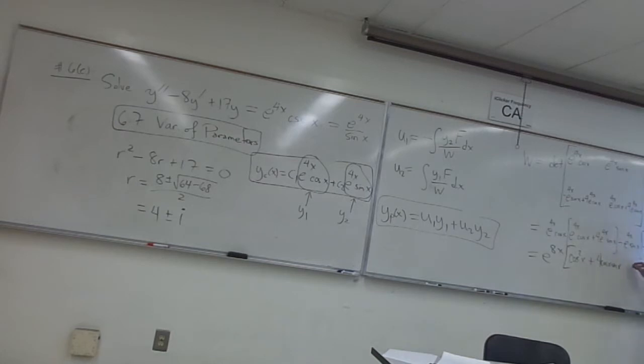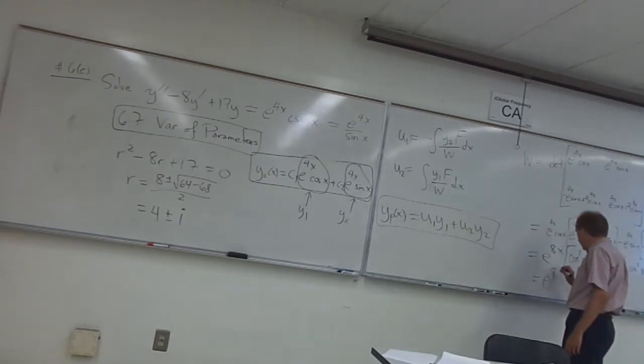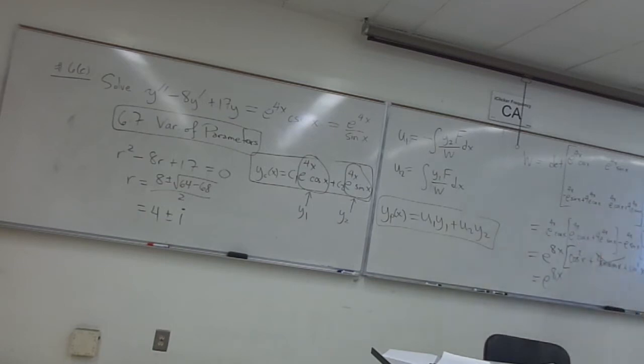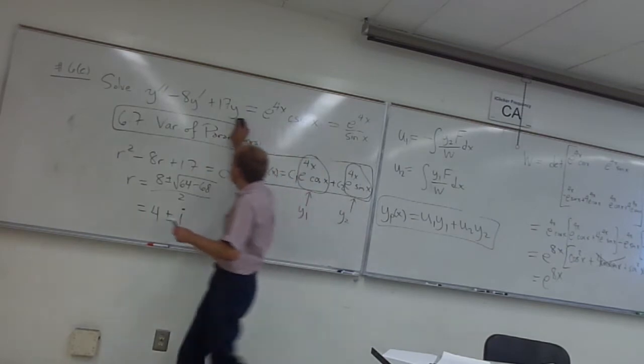And here we have plus sine squared. Excuse me. And then minus 4 sine x cosine x. And these terms are going to cancel. And cosine squared plus sine squared is just 1. So it's just e to the 8x. Very simple. Okay? So just get e to the 8x out of all that mess. That's the Wronskian. Okay? So far so good?